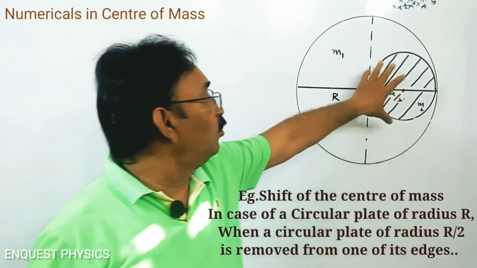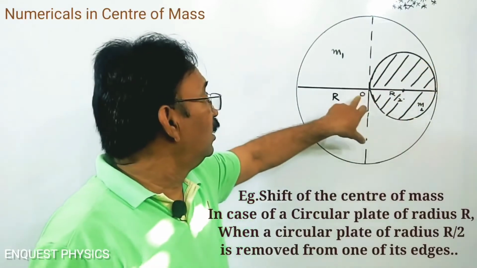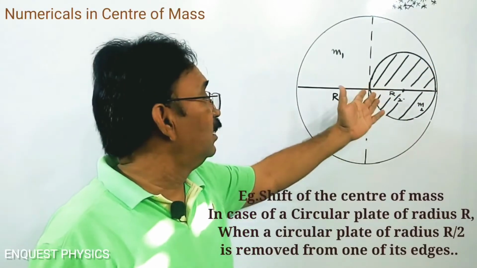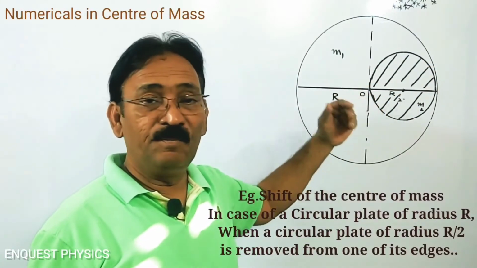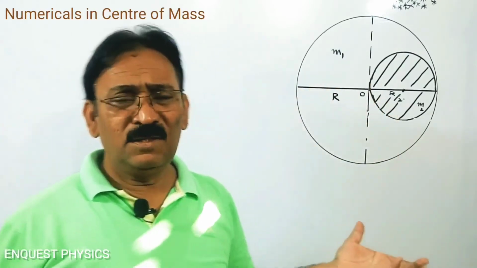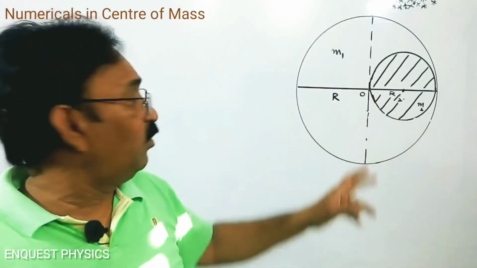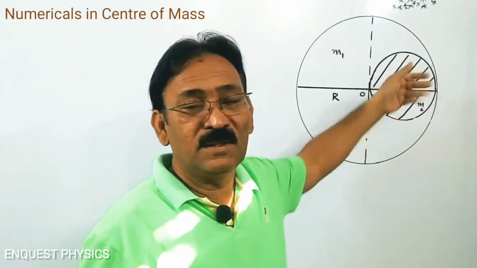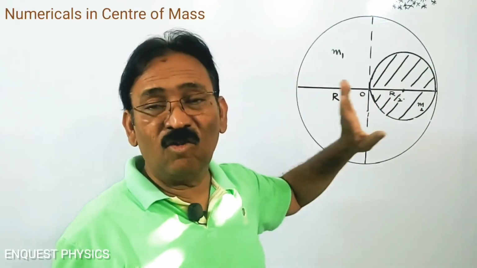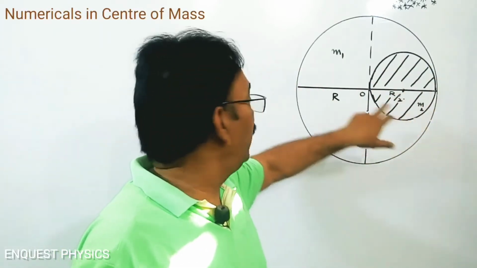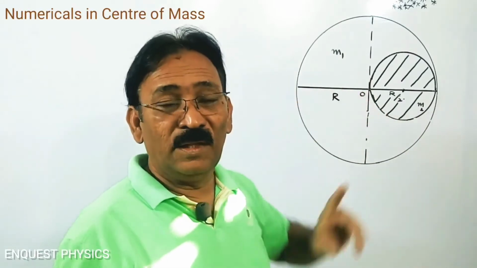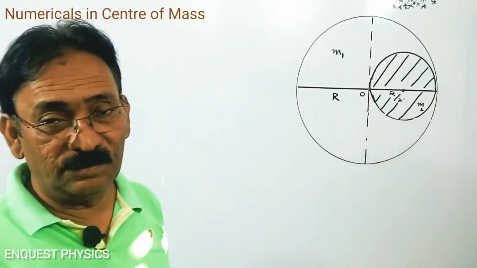If we didn't remove this part, the coordinates of the center of mass, xcm and ycm, would be 0, 0 only. But we are removing this mass, so obviously the center of mass will be shifted. It lies somewhere here. Then we have to find out the exact location.